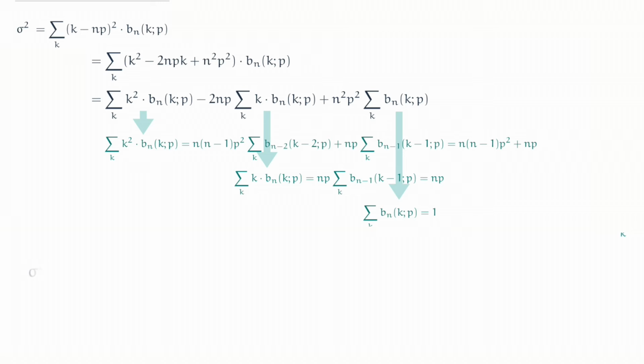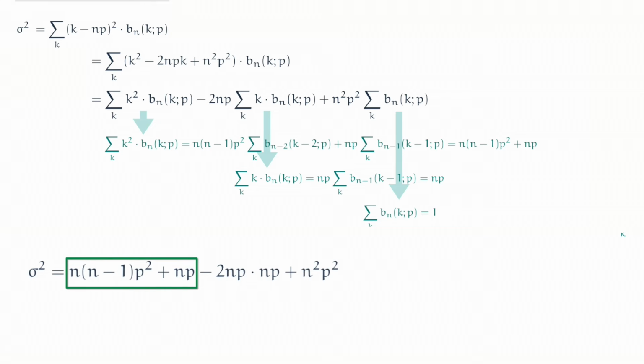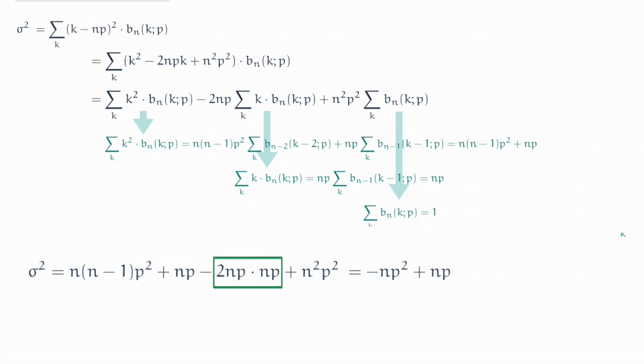So let's begin. The variance is first a term corresponding to the summation of k squared bn of k, then a term corresponding to the sum of k times bn of k, then finally a term corresponding to the sum of bn of k. And now we've got an expression like this. A little algebraic massaging sees that the term n squared p squared occurs at several places in the expression.